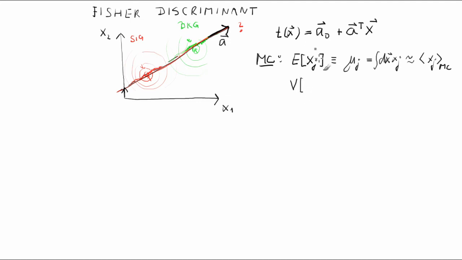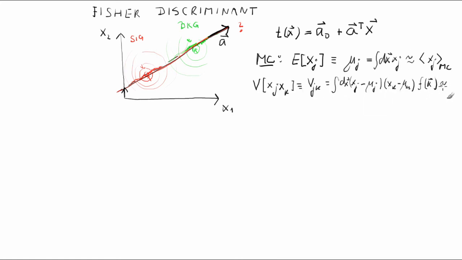Variance of x_j times x_k, definitorily equal to V_jk, is equal to the integral over d x vector of (x_j minus mu_j) times (x_k minus mu_k) times f of x vector.